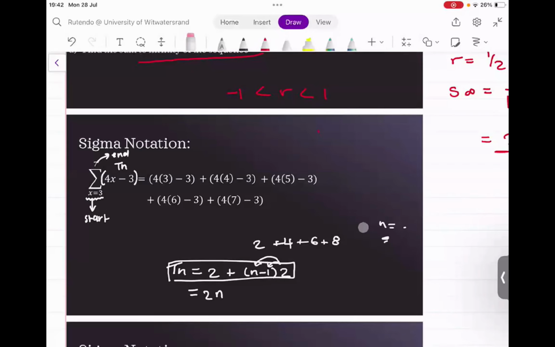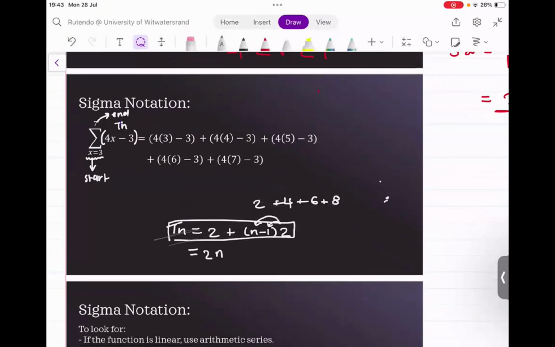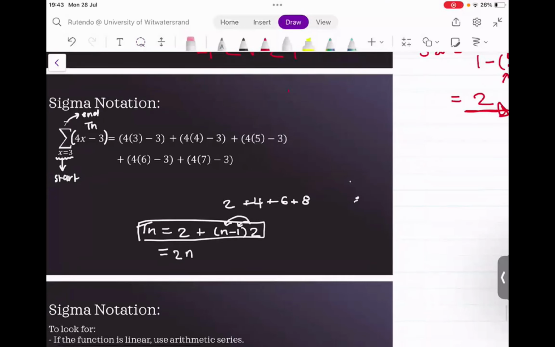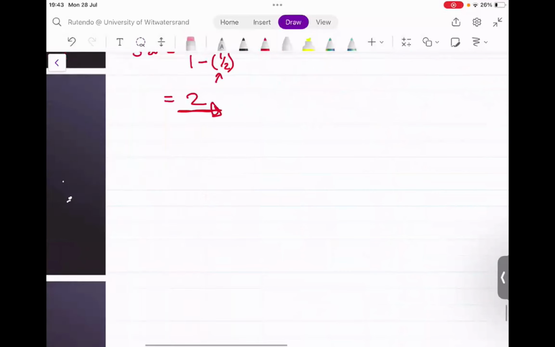So let's say you're asked to expand this. You are given 4x minus 3 in sigma.